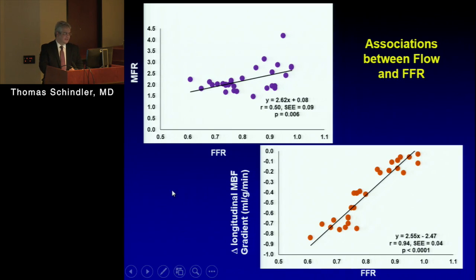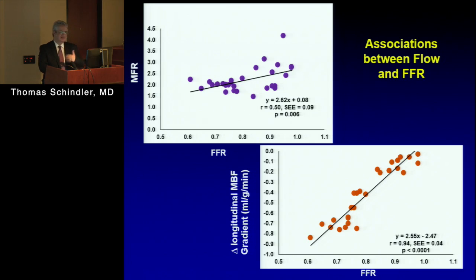And same for the flow reserve. You find the correlation, but quite variable with the FFR. When you use the longitudinal gradient, stress minus rest, we get a much better fit, showing that there's more correlation between the longitudinal flow gradient and the FFR than with the conventional myocardial flow reserve in hyperemic flow.